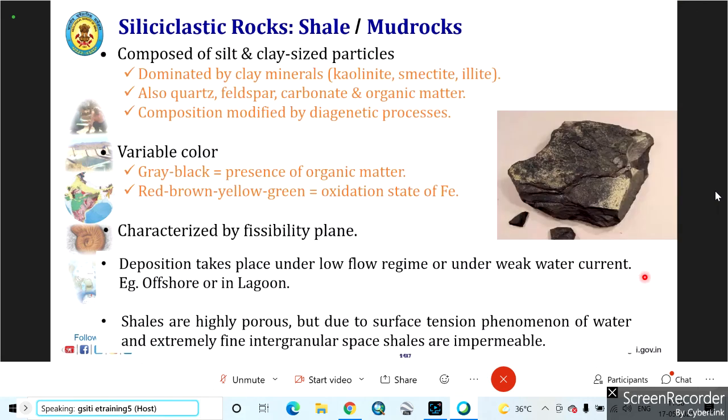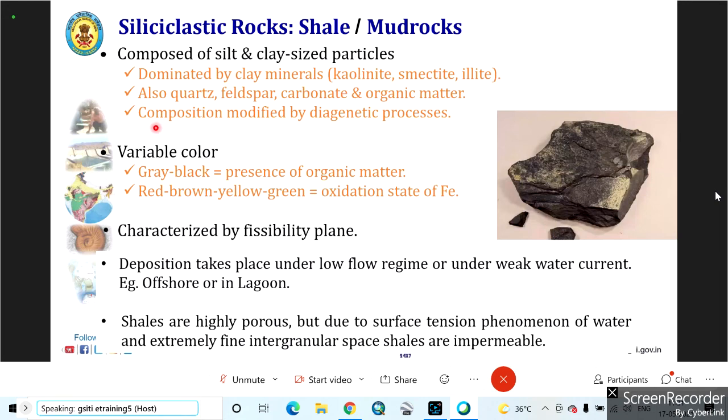After that, moving to the shale or mud rocks. Shale or mud rocks are composed of silt or clay sized particles, and the dominant minerals are kaolinite, smectite, and illite. Quartz, feldspar, carbonate and organic matter are also present within this rock, but the dominant ones are kaolinite, smectite, and illite.